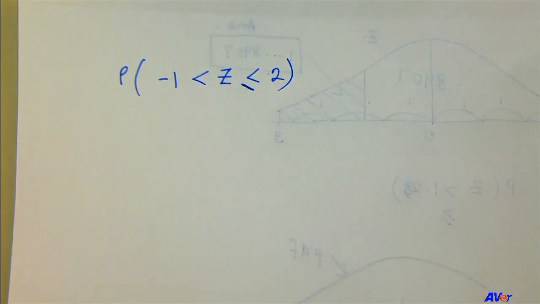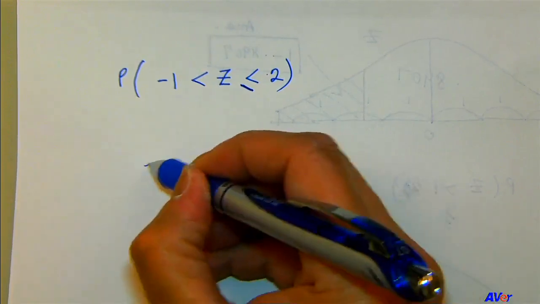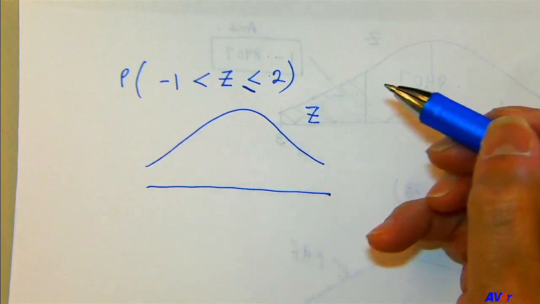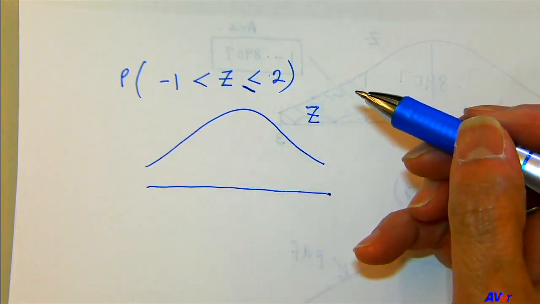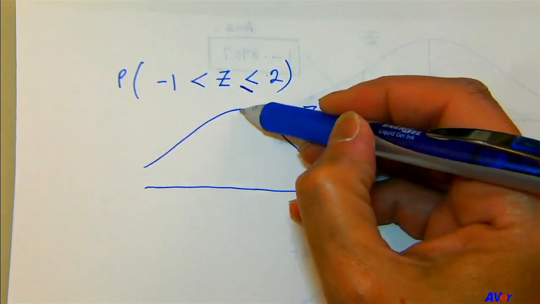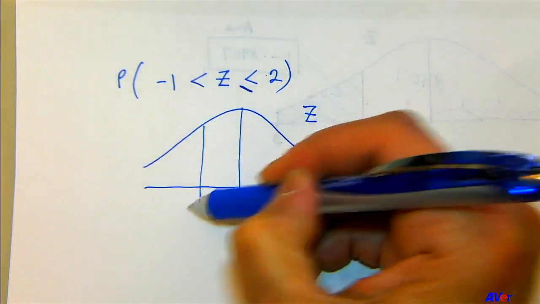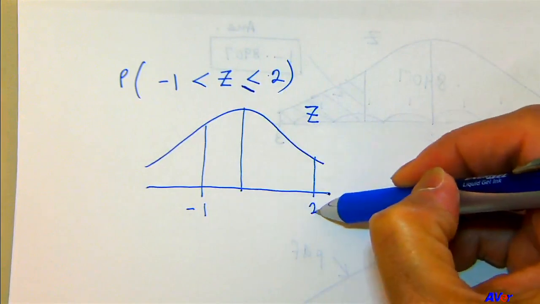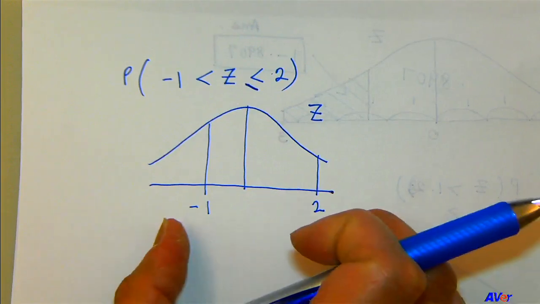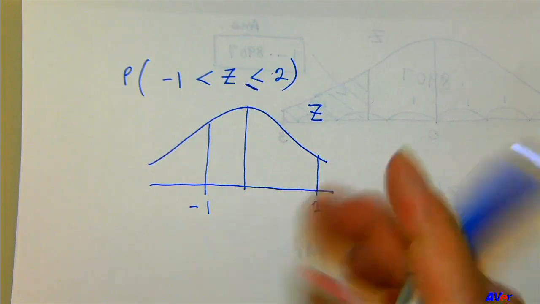For every one of these problems, I would prefer that you draw a z-curve, because when you make a mistake, your brain will signal you into the fact that there's a mistake, because look at what this looks like. Minus 1 to 2. So if you got an answer of 0.44, when all was said and done, something's very wrong, because you see how much area there is here, right?